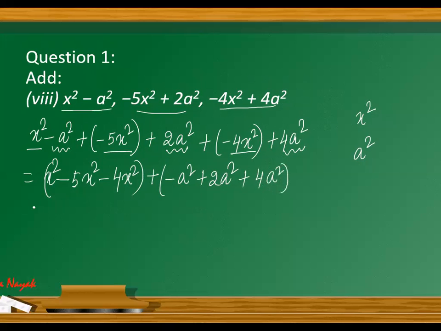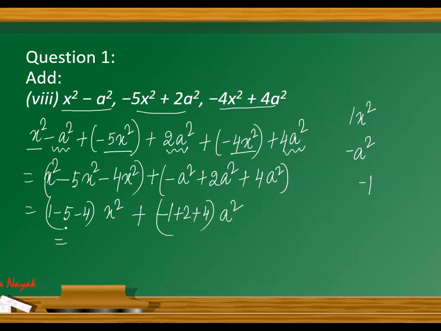Then simplify. The x square, its coefficient is what? 1. So 1, negative 5, negative 4, x square. And what about here? This is also negative 1. Minus a square, its numerical coefficient is minus 1. So minus 1 plus 2 plus 4, a square.